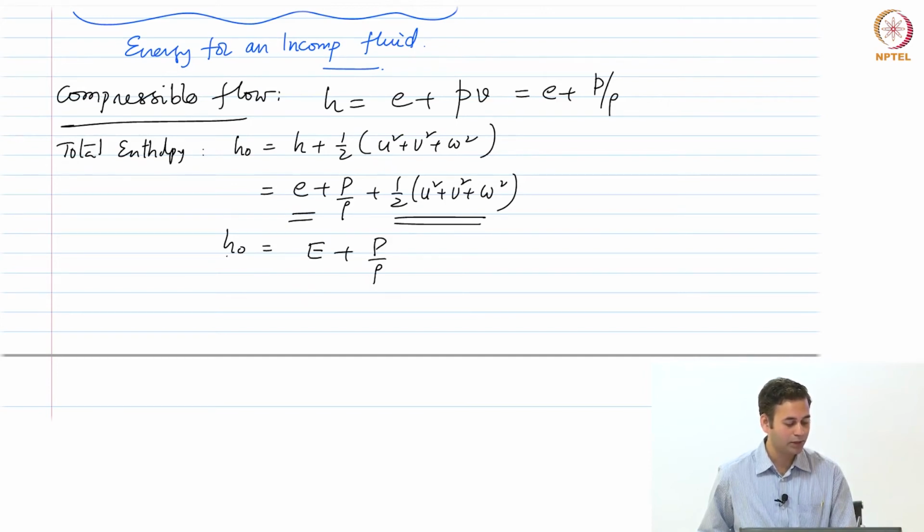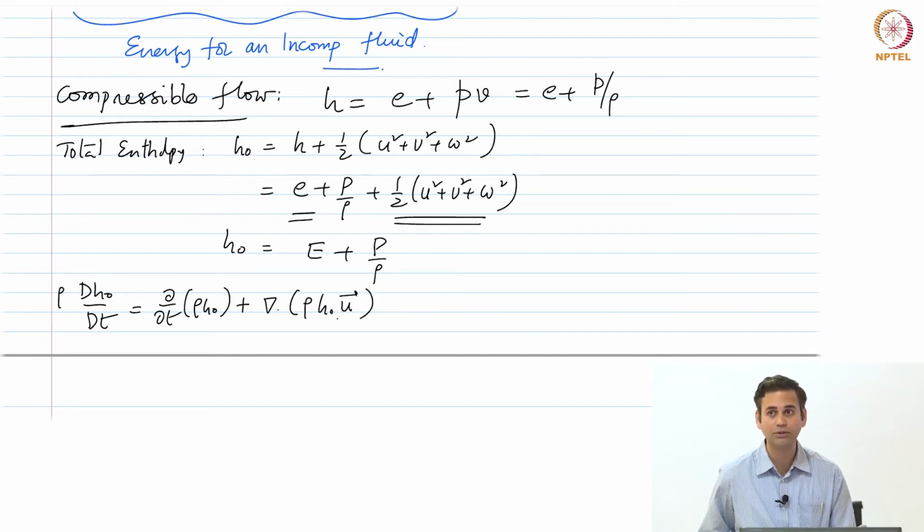Now, what I can do is for compressible flow, I would write an equation for H naught, the total enthalpy. That would be rho times dH naught by dt, which is also the same as partial by partial t of rho H naught plus del dot rho H naught times U bar, right, we just introduced the transformation, equals something on the right hand side. Now, how do we get this something on the right hand side? You plug in H naught, which is E plus P by rho, into this equation, which will give you dE by dt plus d by dt of P, with a minus.